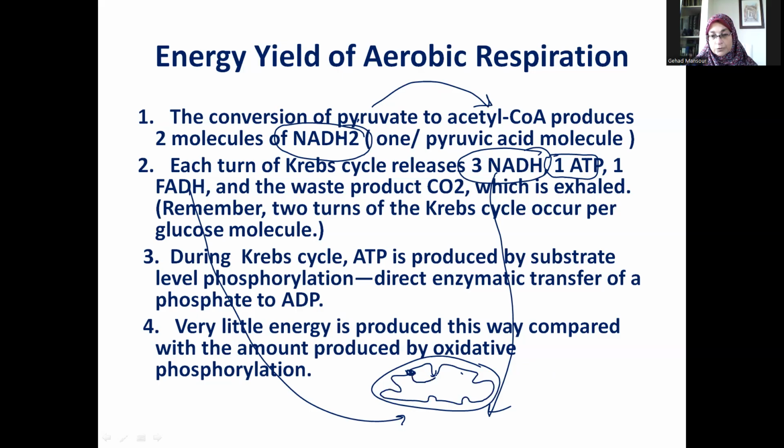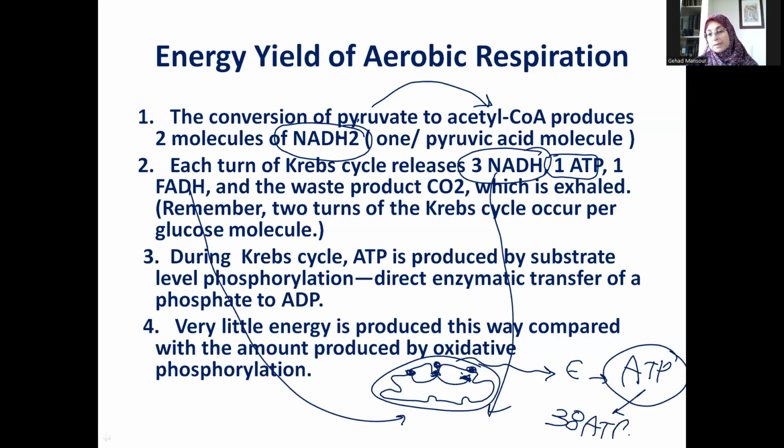And the electrons on those hydrogen atoms will be transferred from one electron carrier to another with the release of energy that will form all the ATP that is missing to complete the total number, which is 38 ATPs. How does this occur? What's the energy yield of reduced NAD and reduced FAD?